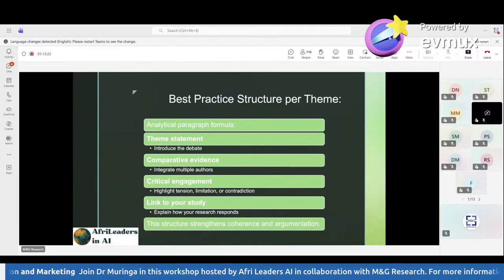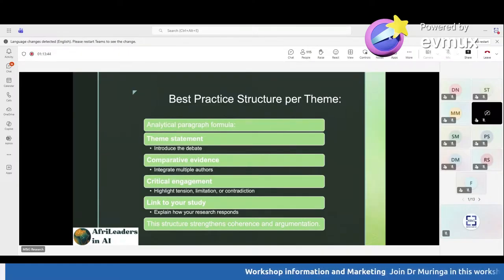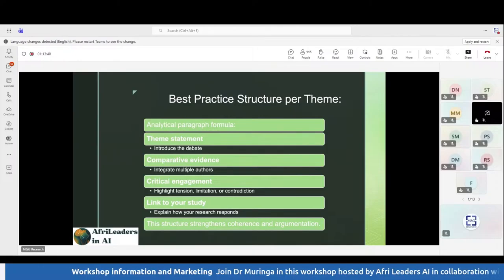You begin with a theme. You introduce the debate, you compare evidence, you integrate multiple authors, critical engagement, you highlight tensions, limitations, or contradictions, then you link to your study, then you explain how this responds to your research questions. This structure gives strength, coherence and argument, but I will show you how it looks at the end, right?